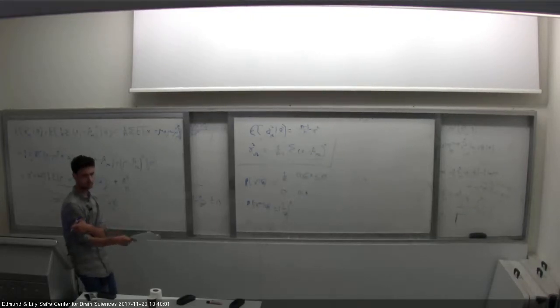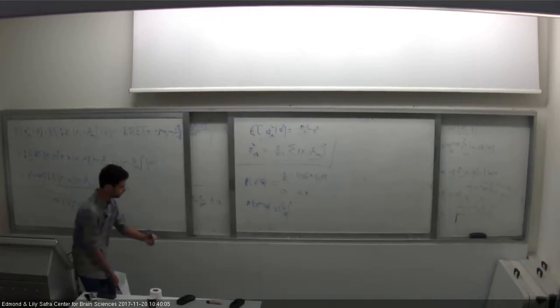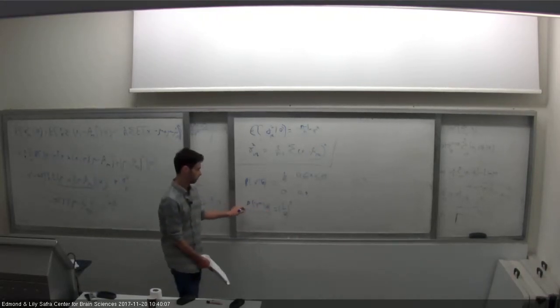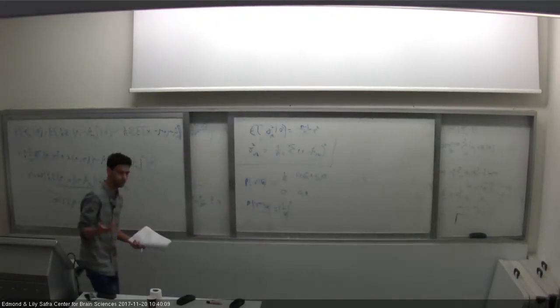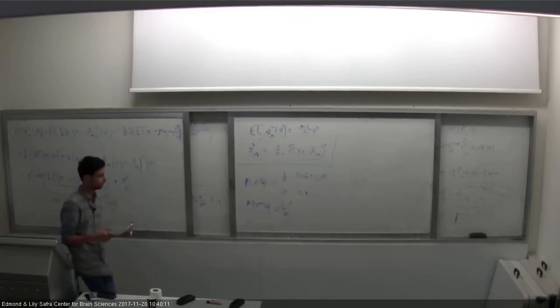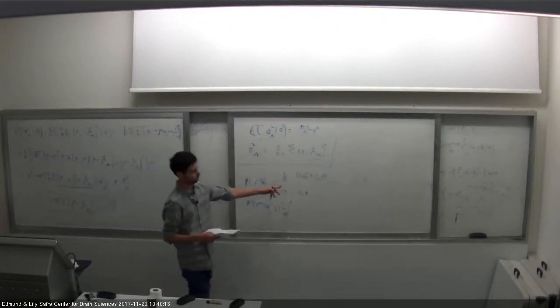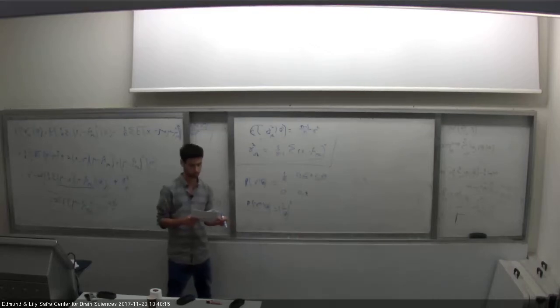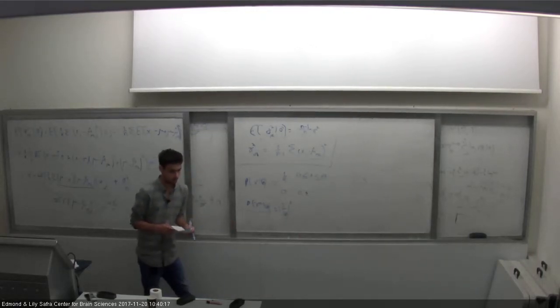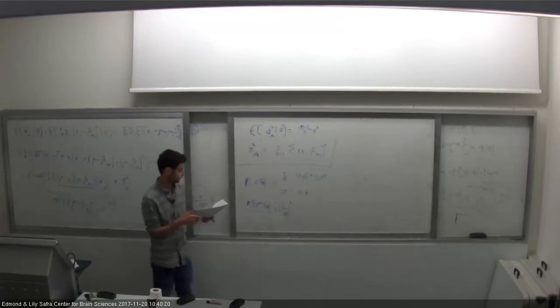So we want the smallest possible value of theta, because we want this to be maximum. What is the smallest possible theta in this case? Right, the maximum x.